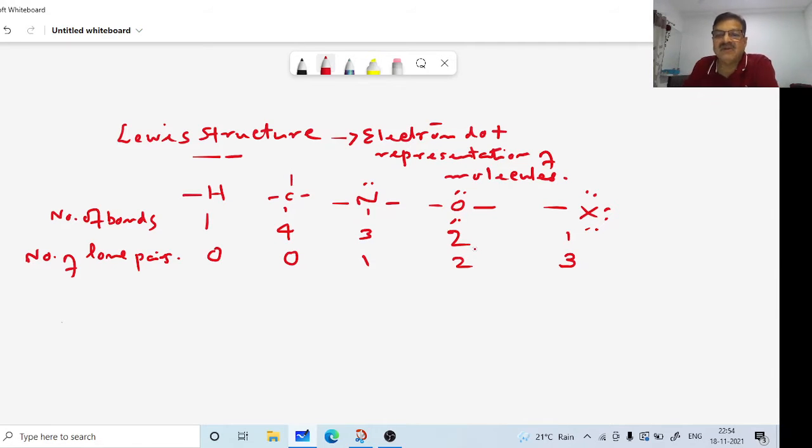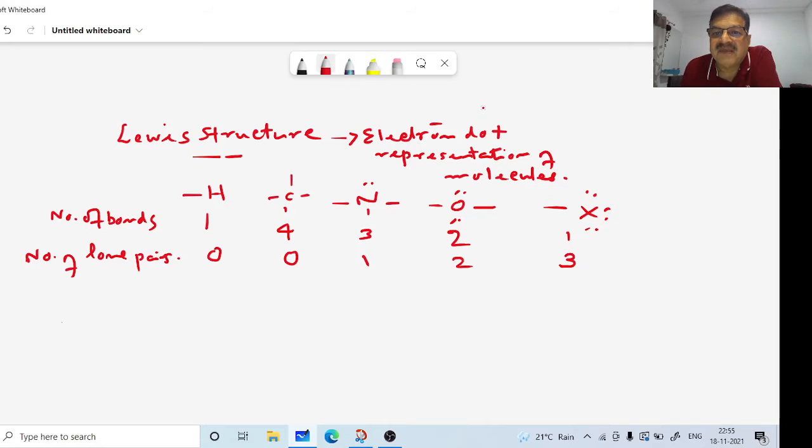Now, what are these lone pairs? I have been repeatedly saying lone pair. Bonding electrons are shared electrons, just like in hydrogen fluoride, where 1 electron comes from hydrogen and 1 electron from fluorine. So these are shared electrons. Non-bonding electrons are unshared electrons.